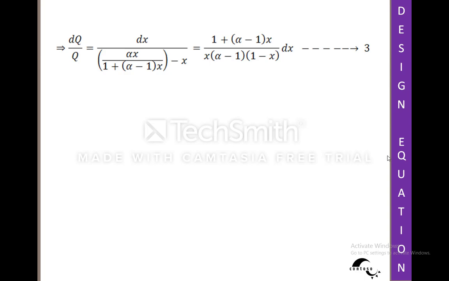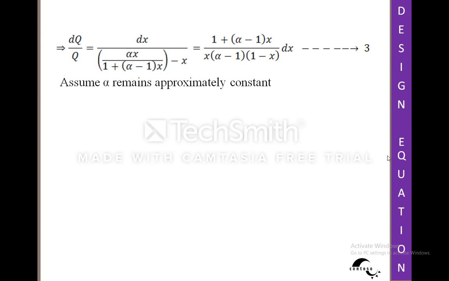So your dq by q becomes (1 plus (alpha minus 1) into x) by x into (alpha minus 1) into (1 minus x) dx. Now for this third equation, we assume alpha is approximately constant, because when you want to integrate with respect to x, you need to maintain the other variable constant.